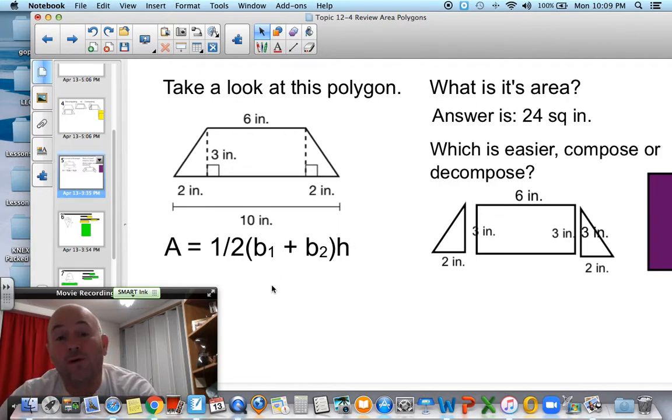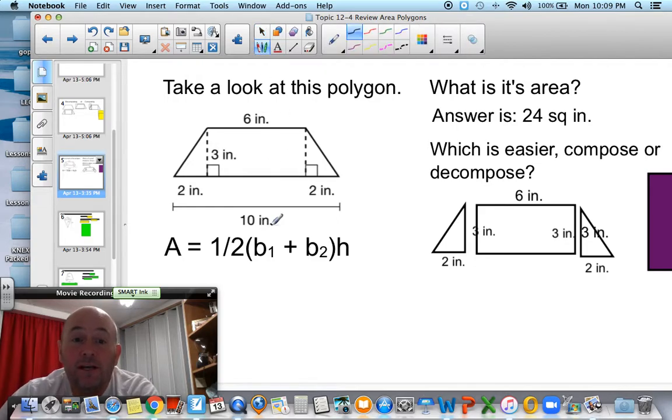Now remember, order of operations means that we have to do what's in parentheses first. So if we take base 1, which is 6, and we add it to base 2, which is all the way from there to there, is 10, okay? We can add those up and we get 16.